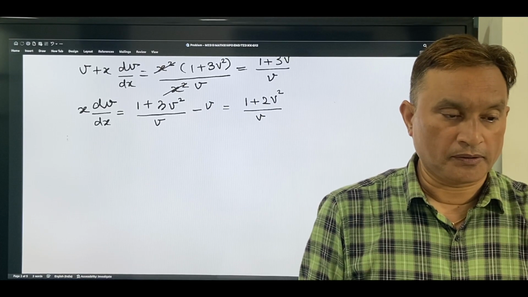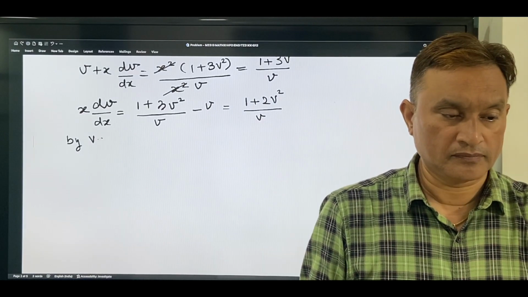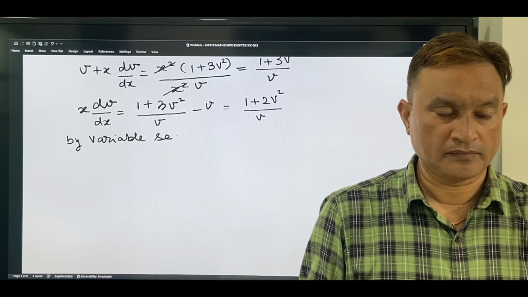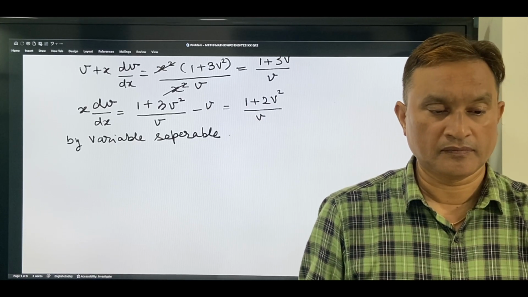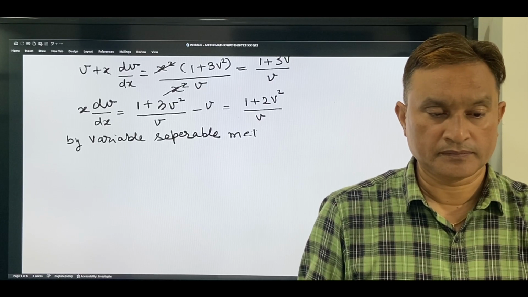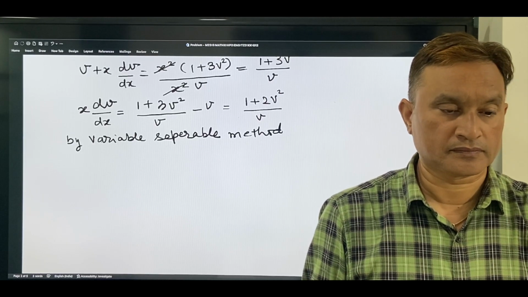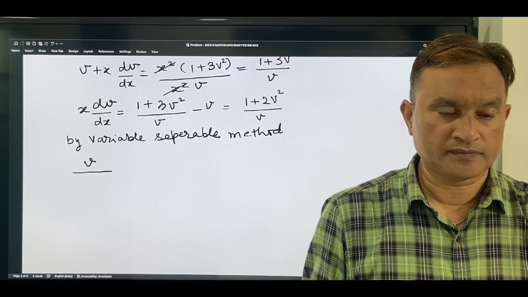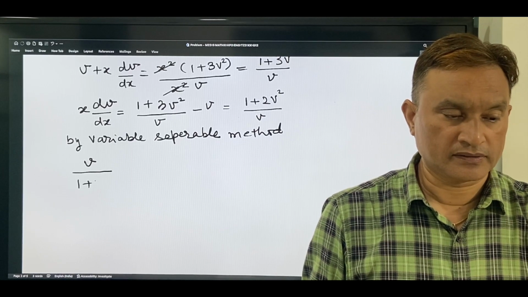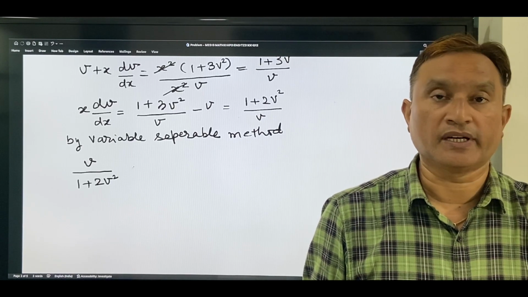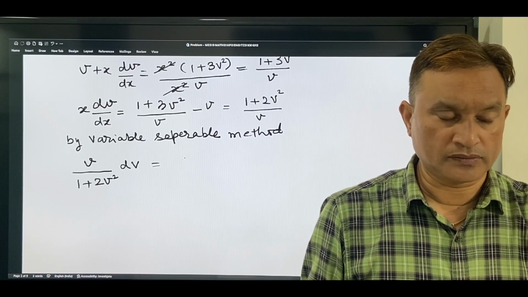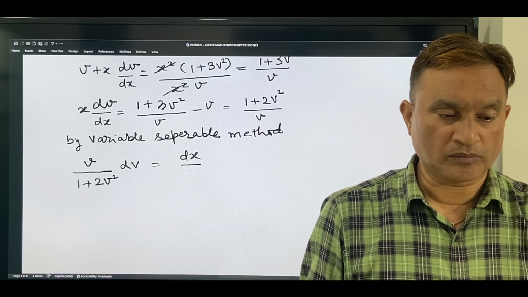Now by the variable separable method, v upon (1 plus 2v square) dv equals dx upon x.